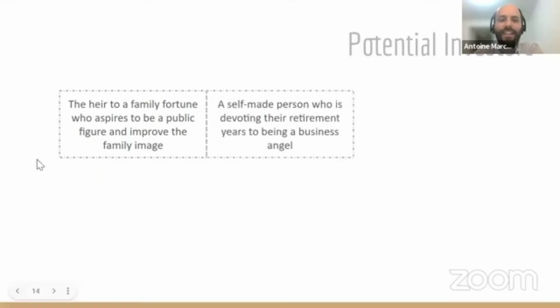Now, what about this next investor? Same product, but we now need to speak to a self-made person who is devoting their retirement years to being a business angel. How are we going to approach this person?